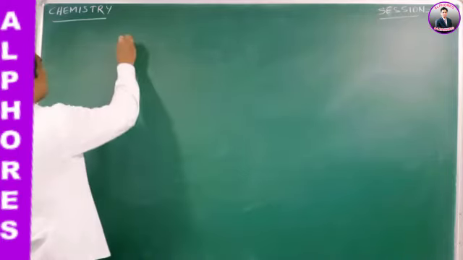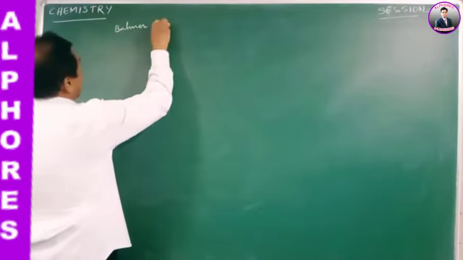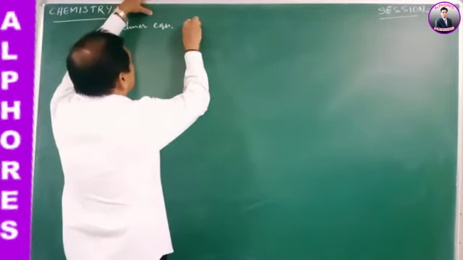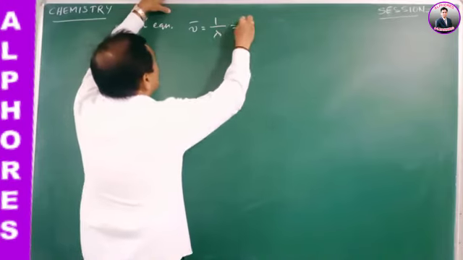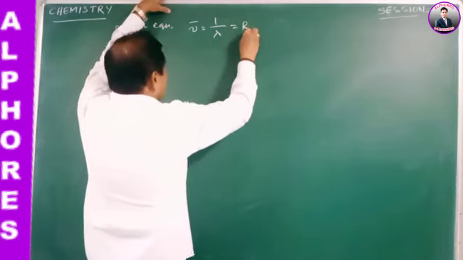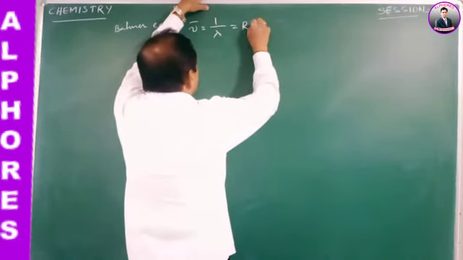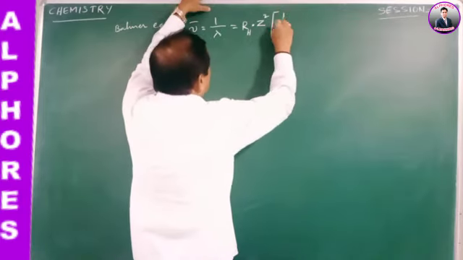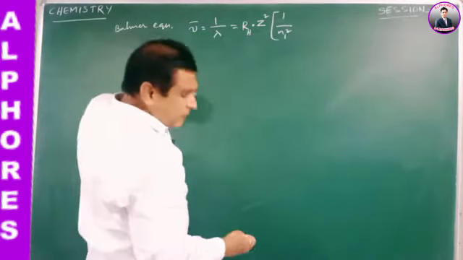Balmer equation. To calculate wave number, nu bar equals 1 by lambda, equals R_H, the Rydberg constant value for hydrogen, into Z square into 1 by 2 square minus 1 by n square.